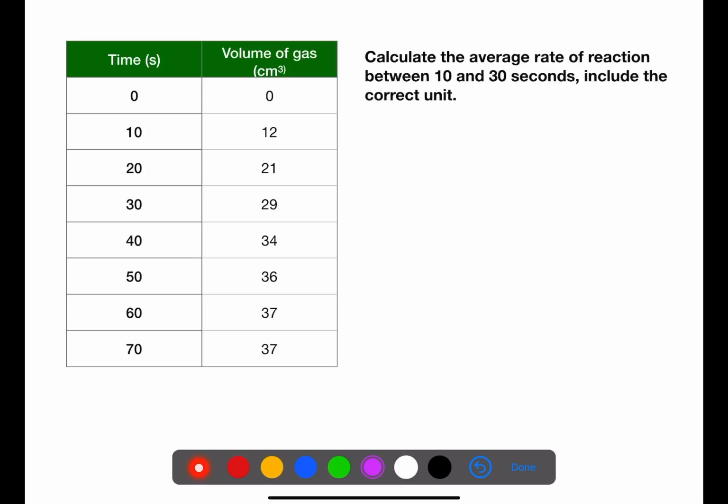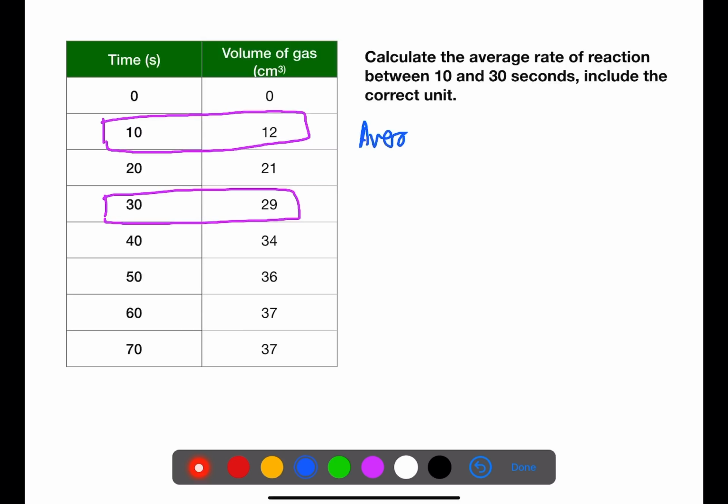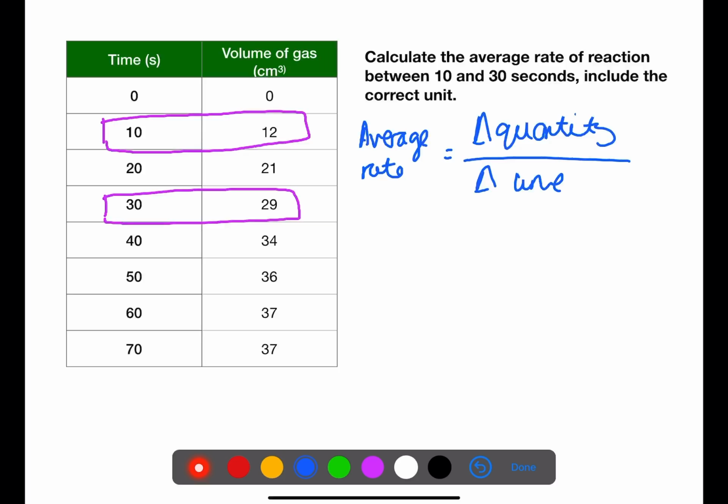So for this example, we're looking for the average rate between 10 seconds and 30 seconds. So we have change in quantity, so how much the volume of gas changed, divided by the change in time.